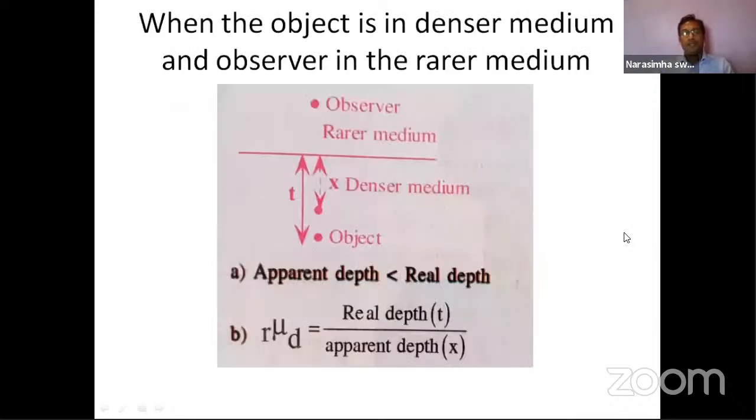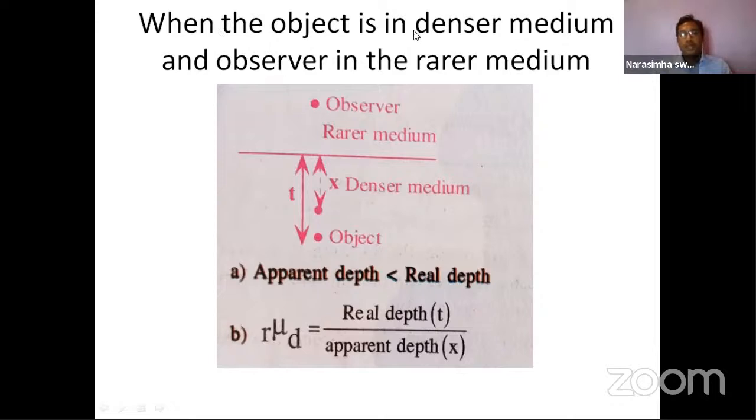Right, here is one more concept: when the object is in the denser medium. In the morning we discussed what the denser medium and the rarer medium are. A denser medium is one in which the velocity is less, very slow. Density is more, means particles are more, so velocity decreases.